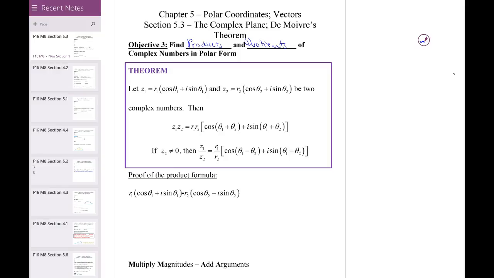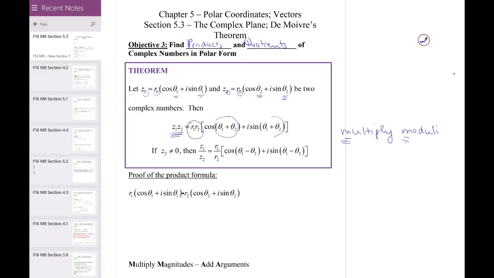It says if I have a complex number 1 that has a modulus of r1 and argument theta 1, and I have a second complex number that has a different modulus and a different argument, so those are two distinct complex numbers, then if I want to multiply them together, it turns out that I multiply the moduli, that's the plural of modulus, multiply moduli.